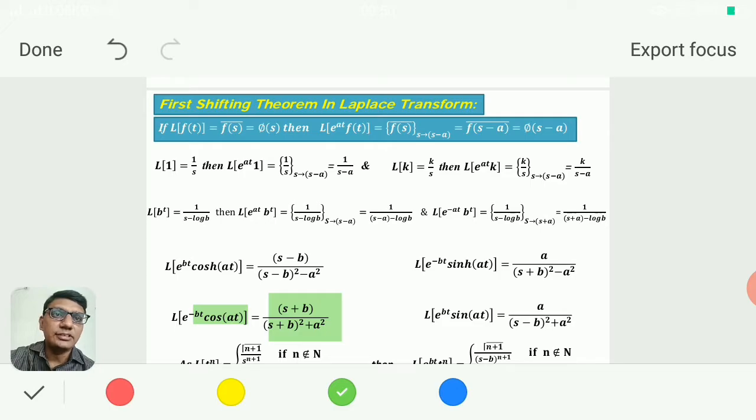So s is replaced by s plus b in the numerator, and in the denominator also. So our function becomes s plus b upon s plus b whole square plus a square.